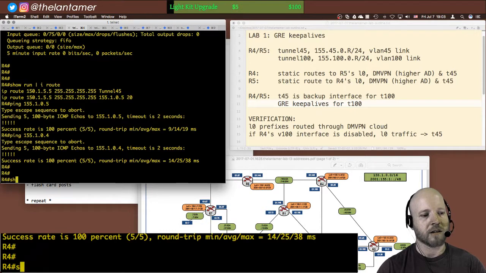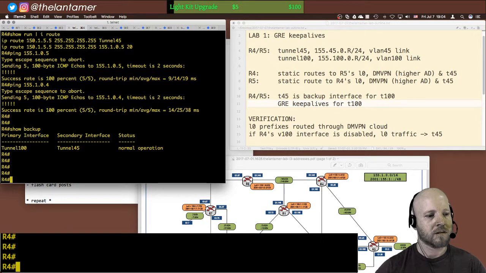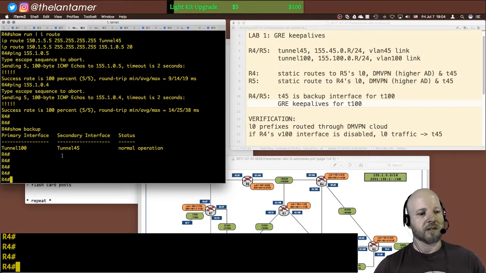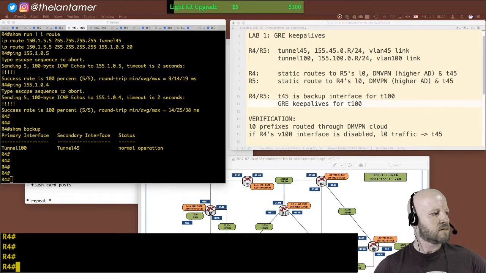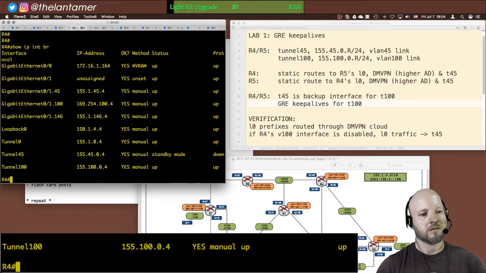All right, show backup command. That's new for me. Primary interface, secondary interface. That's cool too. You can see this is down, standby mode.